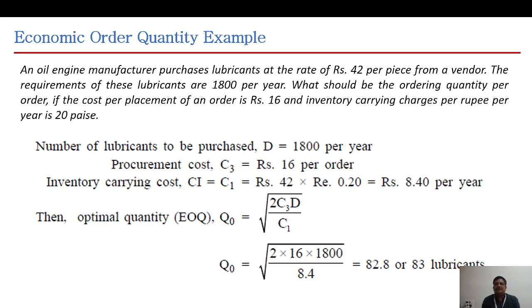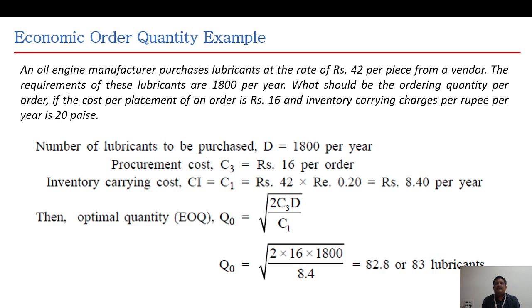Procurement cost, that is cost per placement, C3 is 16 per order. Inventory carrying cost is C into I, that is C1. The C value is 42 rupees, and I, the inventory carrying cost per year, is 0.20, so C1 is equal to 8.4 per year.